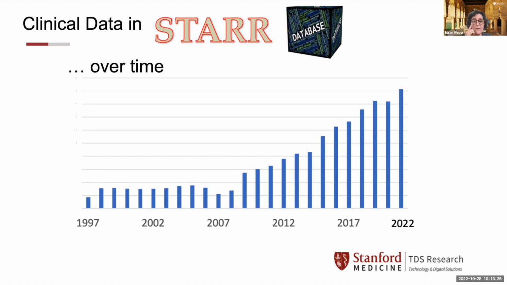Then around 2009, things really started to take off. They started to convert their paper processes into the actual electronic medical record. And every year after that, we've seen a steady increase in the amount of electronic data that is available on patients at Stanford.